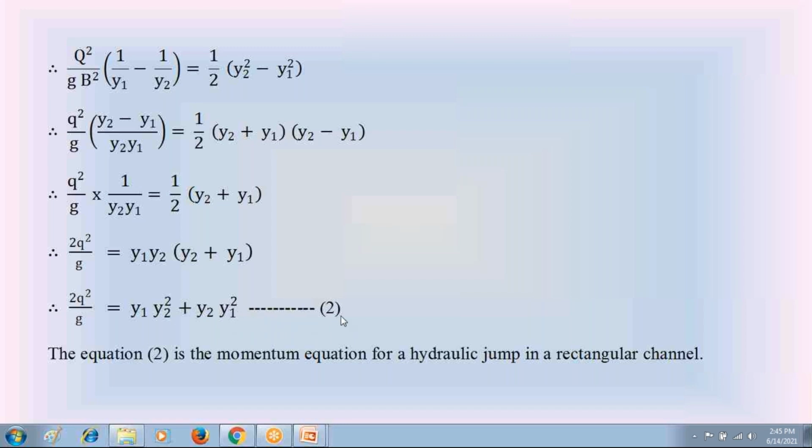The same equation 2 is also the quadratic equation in terms of depth y2 because we have y2 square.